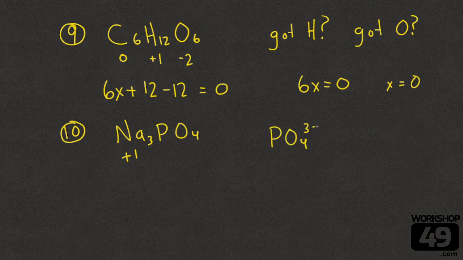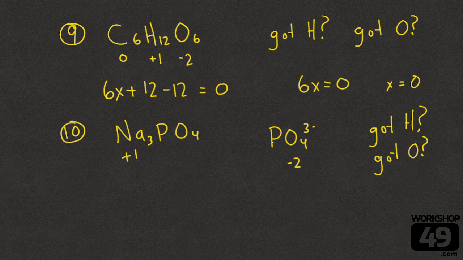Because phosphate's a polyatomic ion, we would ask, got hydrogen? We do not got hydrogen. Got oxygen? Oh, we got some oxygen. It's assigned -2. Because phosphate has a charge of -3, the sum of all of the oxidation numbers has to be -3.